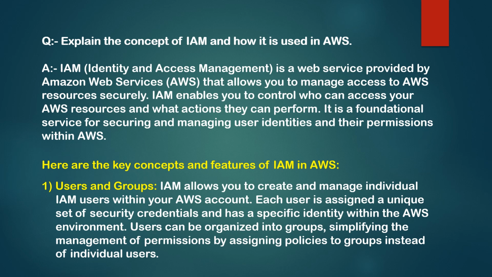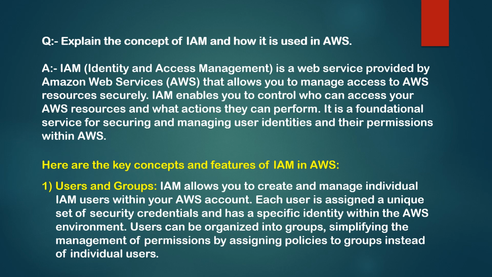Here are the key concepts and features of IAM in AWS. Number 1. Users and groups. IAM allows you to create and manage individual IAM users within your AWS accounts.